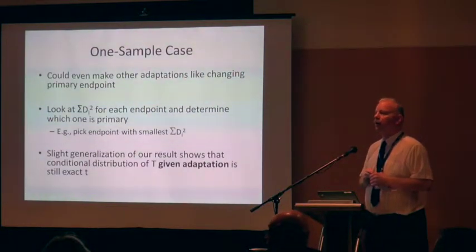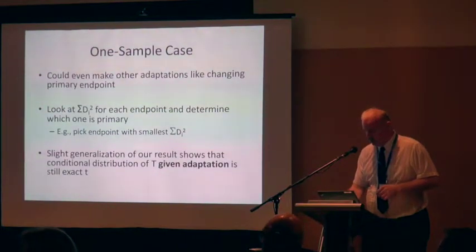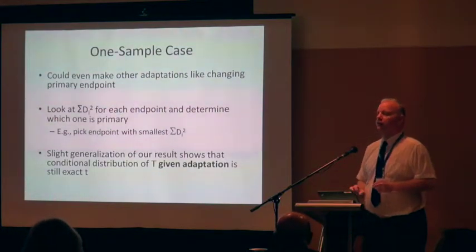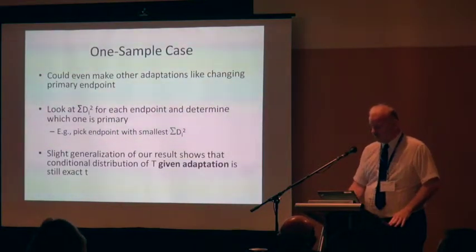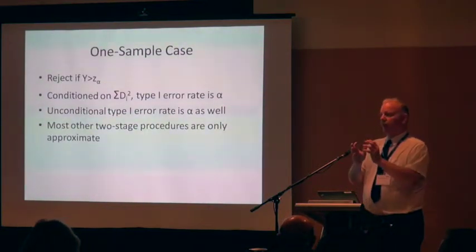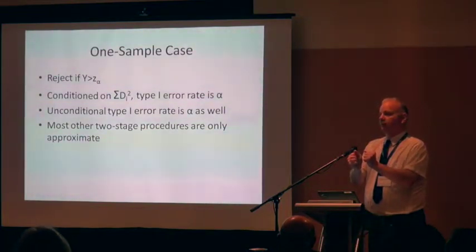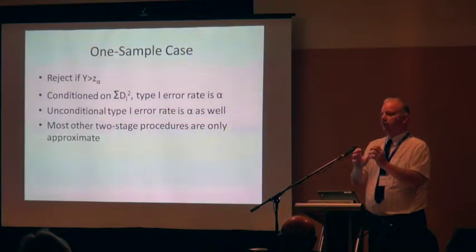Yes? Right. That's right. So given the sum of the di squareds, now the second stage sample size is fixed, right? Because it was just a function of the sum of the di squareds.